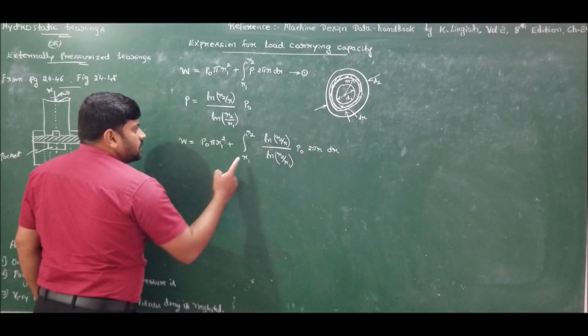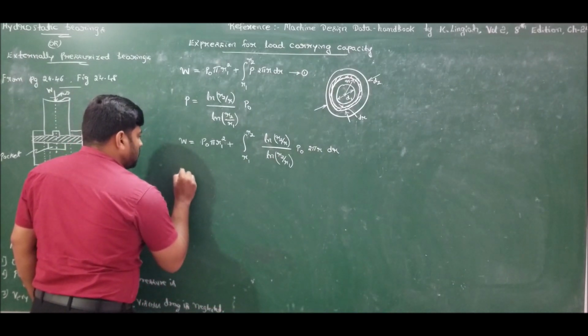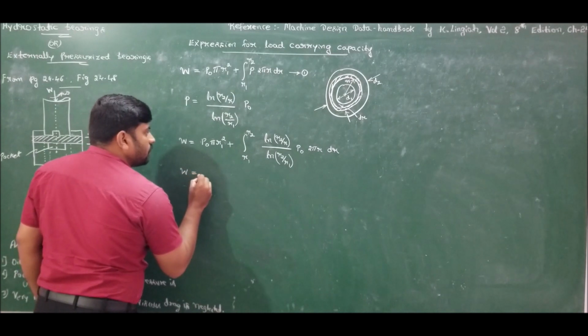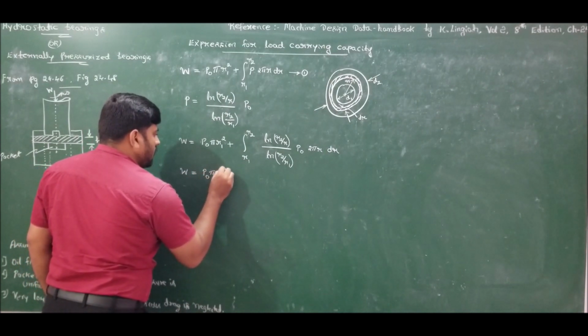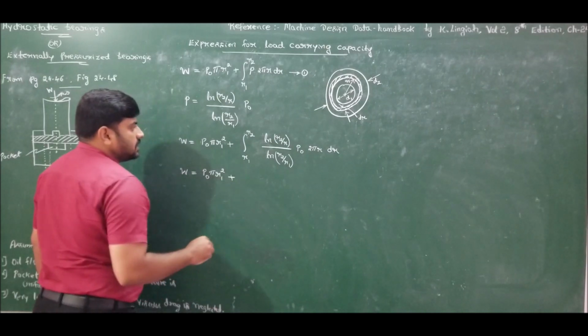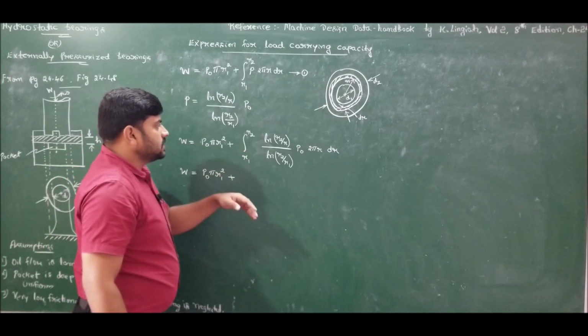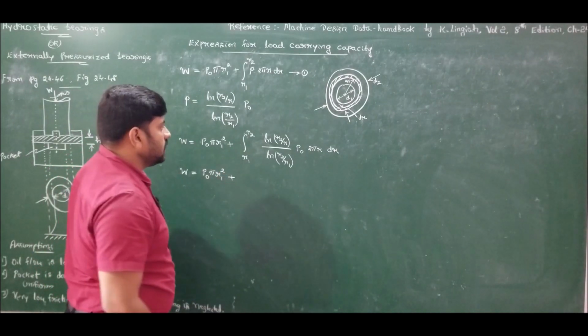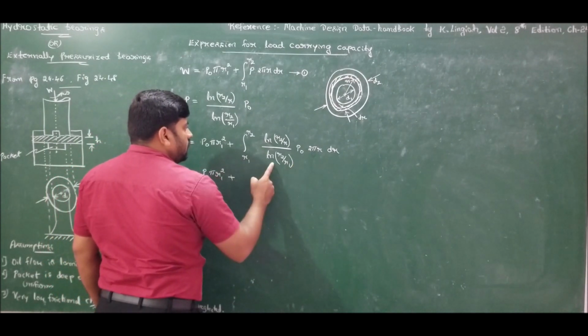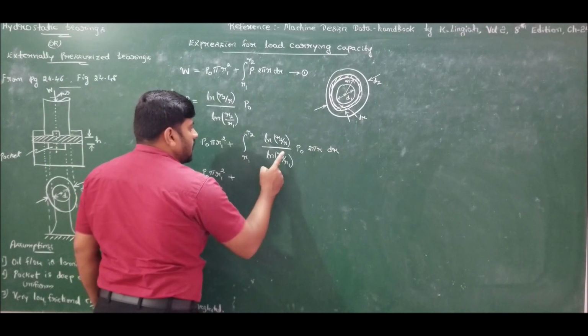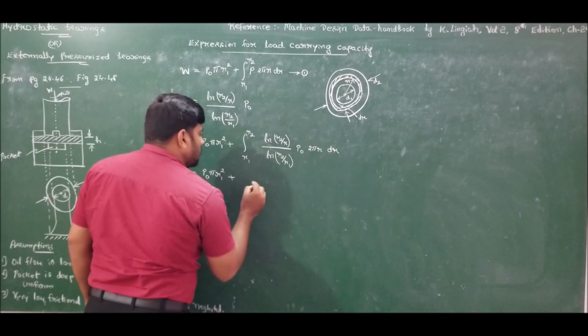Now rearranging the terms and integrating the second term in this equation, we have p naught by r1 square plus, let me take out the constants which do not contain r, that is p naught 2 pi divided by ln r2 by r1, which does not contain r. We are integrating with respect to radius r.